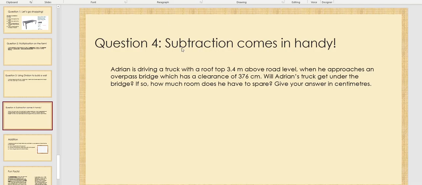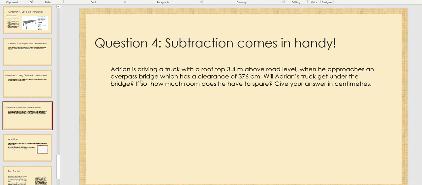Okay, question 4. This says subtraction comes in handy. So we might need to use our skill in subtracting to help work out this application. Alright, Adrian is driving a truck with a rooftop 3.4 meters above road level. Okay, so that's how high his truck is when it's on the road.